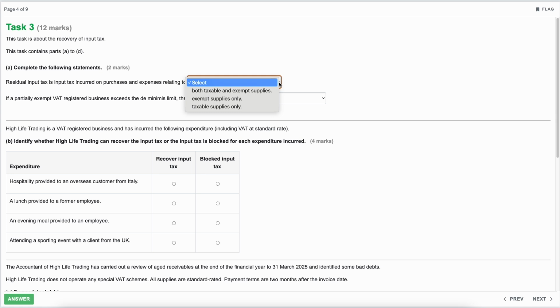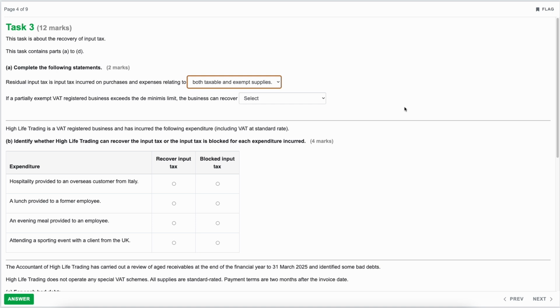So if, for example, the input tax related to entirely taxable supplies, then it could all be claimed back. If, however, it was related only to exempt supplies, then we couldn't claim it back. However, residual input tax is where it relates to both. So an example could be rent for a room where you produce both taxable and exempt supplies. So in a sense, it does relate to both.